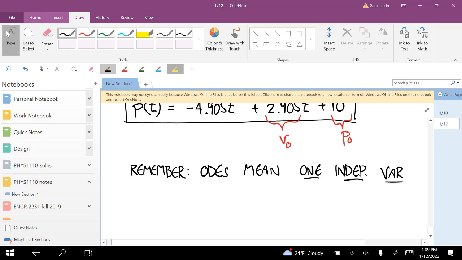In the last two examples, that was time. Most often, it's going to be time in this class. But you can have more than one dependent variable.